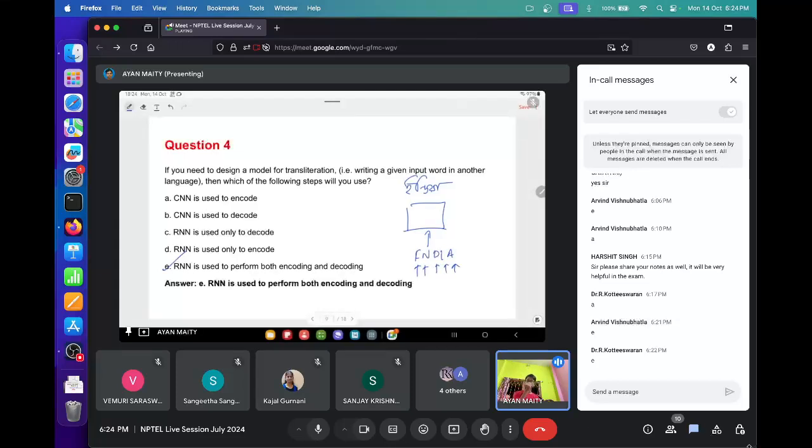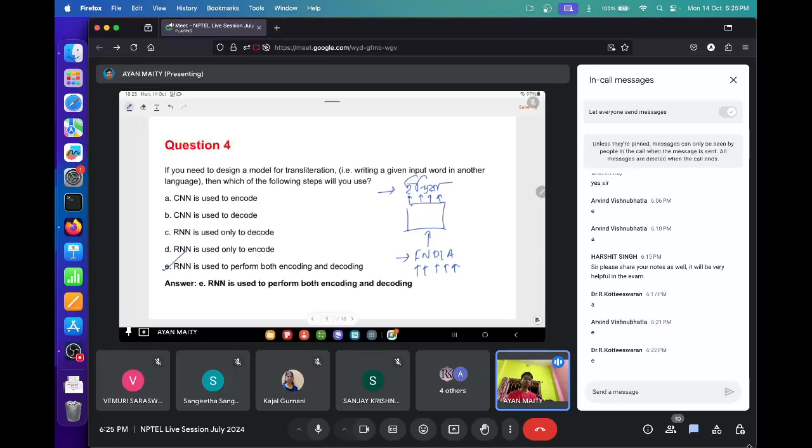For this task, each character of INDIA would be input to each of the time steps individually, and in the output also each character would be given as output by the decoder. So it is basically sequence to sequence mapping. The input is India in English and the output is India in Bengali.